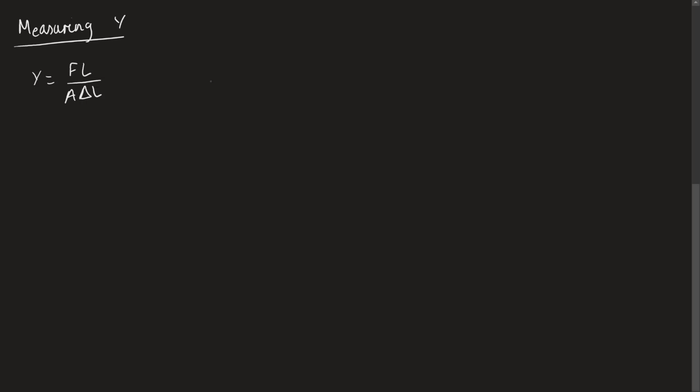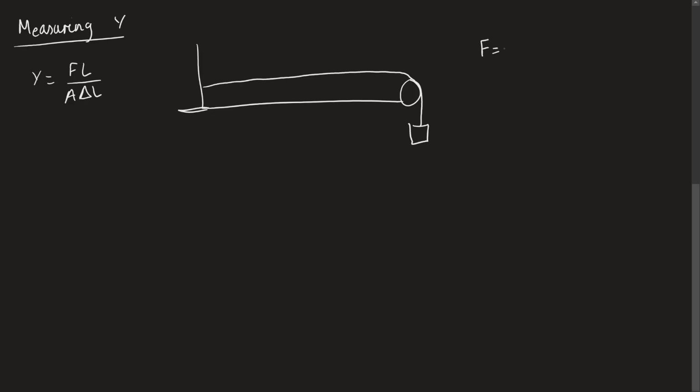The very basics of a setup is we're going to set up a clamp stand on a table with some pulley. We're going to end up having some rope that's being pulled with some force. So your force is mg based on whatever this mass is. Your length you can measure with a ruler. Your cross-sectional area, you measure the diameter with a micrometer.